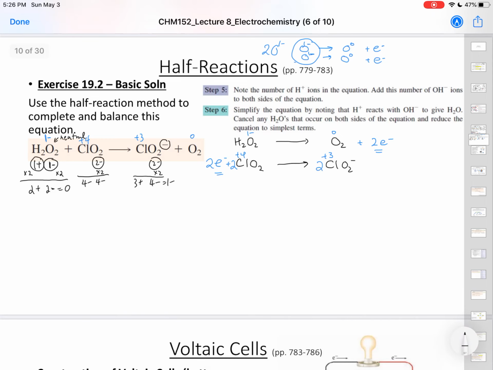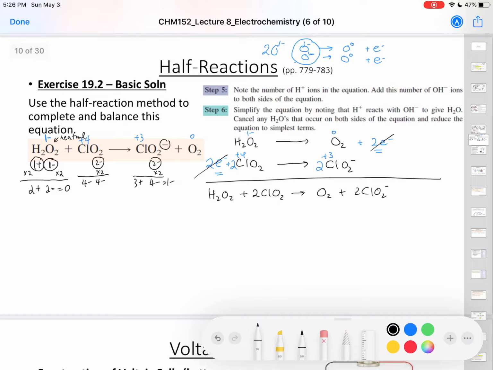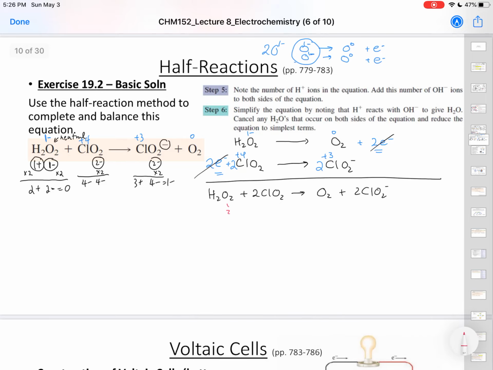Okay. Then at this point, we're going to bring everything down. So we're going to cancel out our 2 electrons. So we've got our H2O2 plus 2ClO2 gives me O2 plus 2ClO2-. Okay, so let's keep track of the number of oxygens that we've got. Here we've got 2 oxygens.